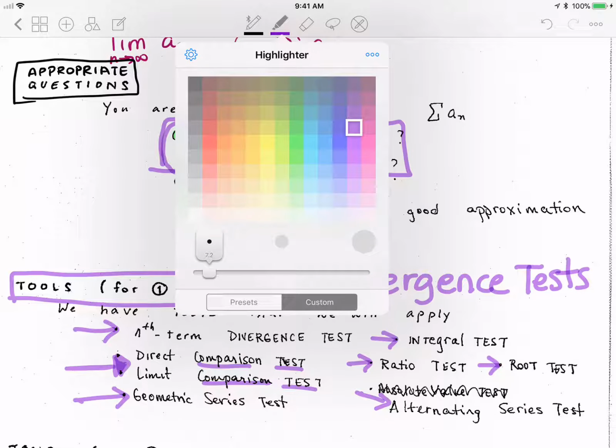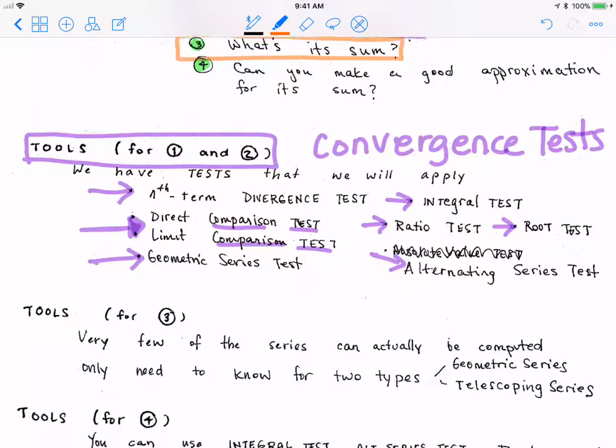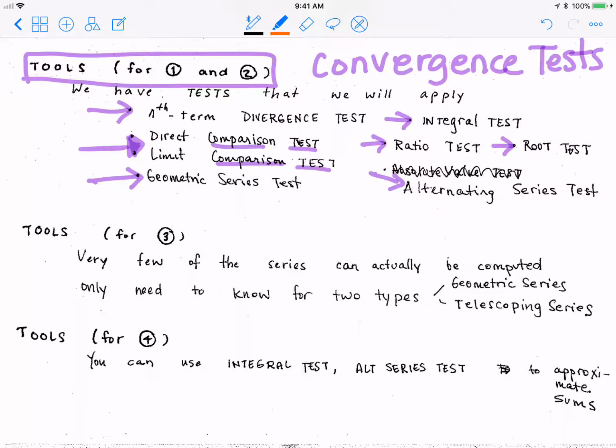Now, what about the third question? The third question, compute the sum. What is the limit? Very few of the series can actually be computed. For this module, for the next exam, you only need to know how to compute for 2 types, geometric series and telescoping series.